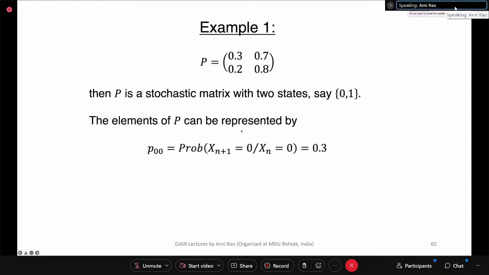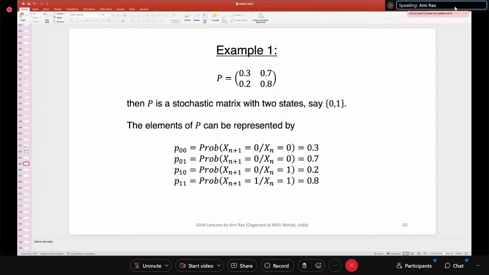The elements, as you see, P00 means probability Xn plus 1 equals 0, as we discussed the notation yesterday, given Xn equals 0. So again, I would like to highlight that this is a time factor. This is the time again, and this is the state.